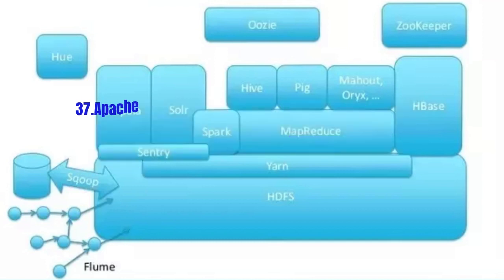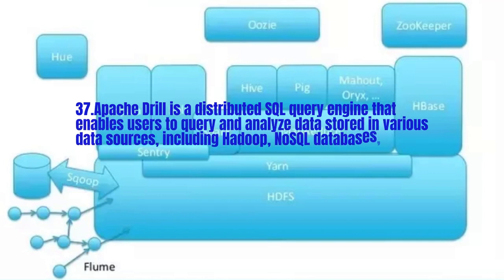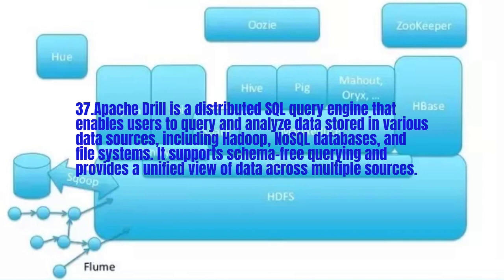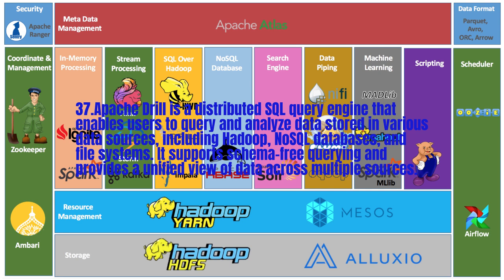Apache Drill is a distributed SQL query engine that enables users to query and analyze data stored in various data sources, including Hadoop, NoSQL databases, and file systems. It supports schema-free querying and provides a unified view of data across multiple sources.